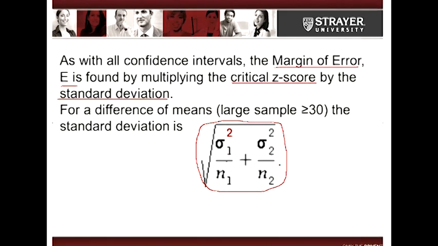So this is the standard deviation 1 squared over that sample size plus the standard deviation squared of sample 2 over that sample size. Add those together and take a square root. That is the standard deviation part of the margin of error. So overall, that's what we're going to look for first, is margin of error, but you need this part.